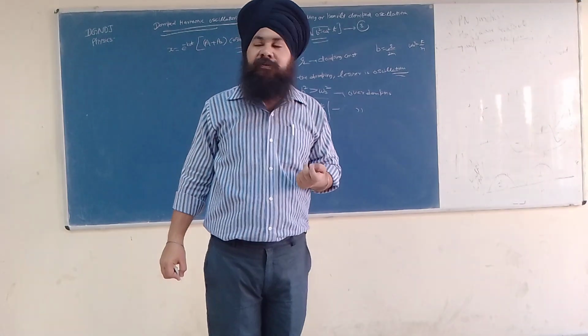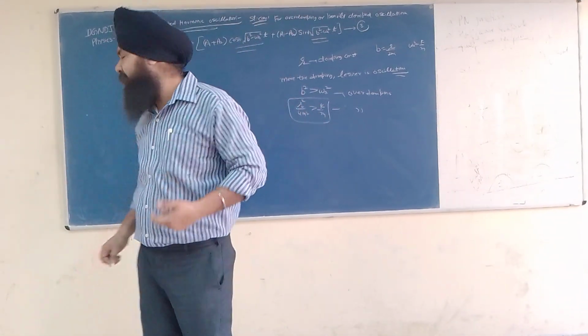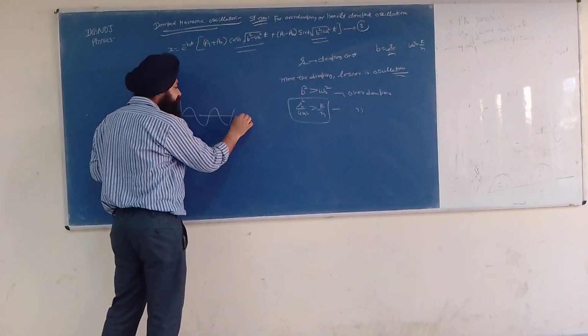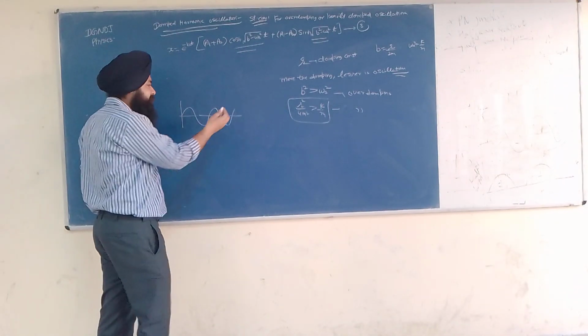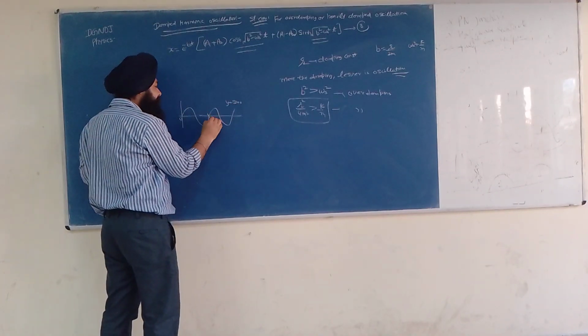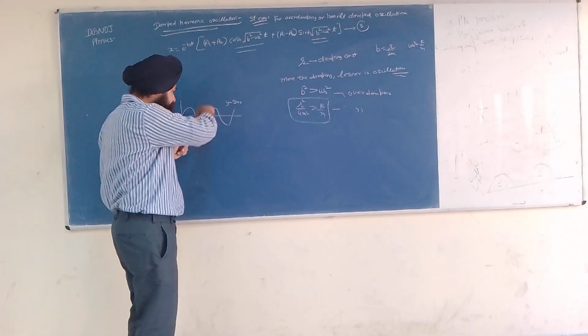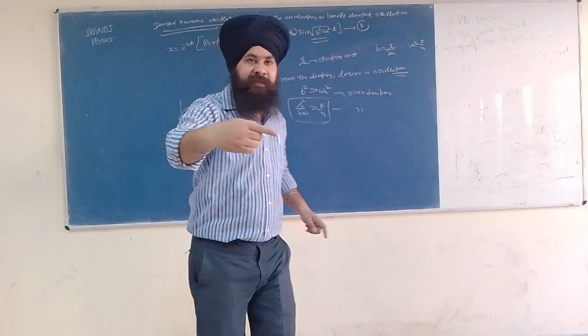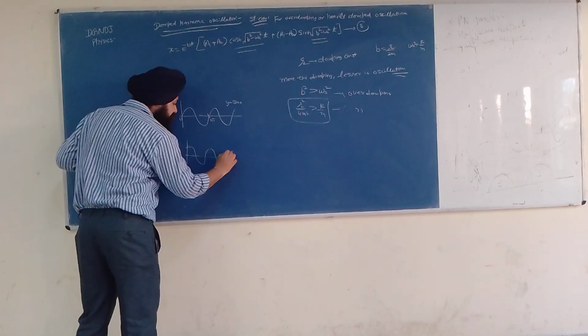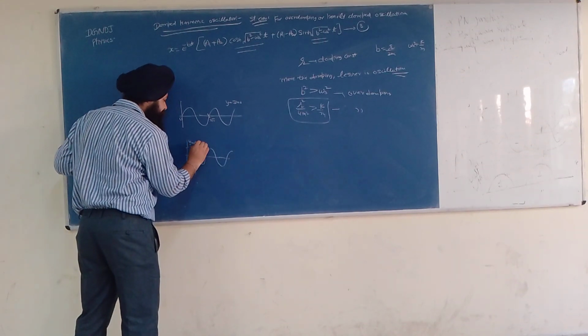You know the meaning of periodic? Periodic means, like, this is the graph of y is equal to sin x. After every 2 pi, this sine curve repeats itself. Similarly for y is equal to cos x.